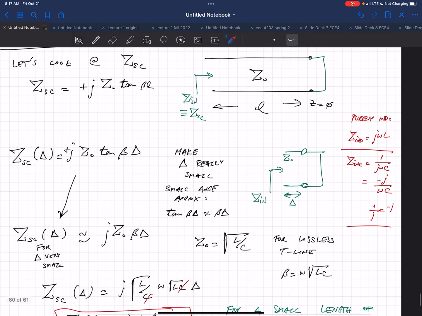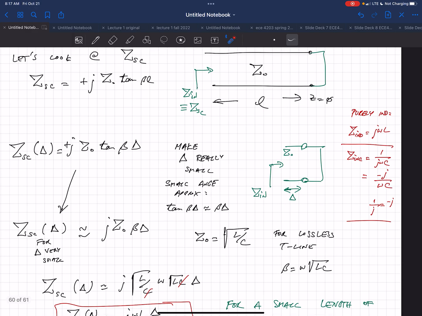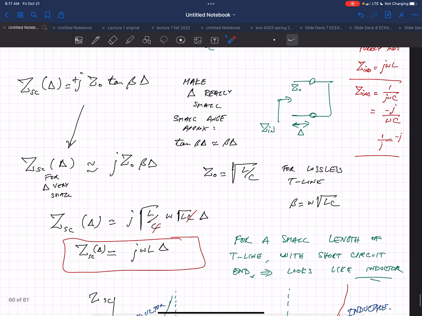Whenever these equations appear, what we have in them is beta times L. Beta is 2 pi over lambda, and lambda is the wavelength of the signal going through. So remember all that. And the wavelength is dependent on the frequency. Do you guys understand why that's the case?